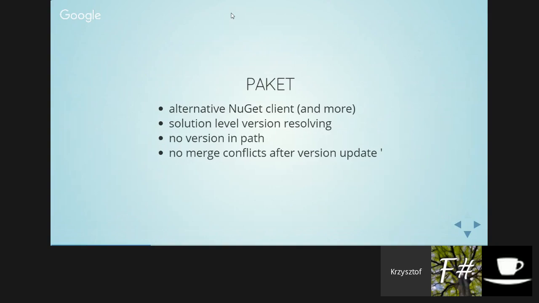And what problem does this tool solve for us? For the NuGet part, it's still using the server part of NuGet, so we can easily use all existing NuGet servers, all existing packages, and so on. What it does is provide several enhancements for the client part.